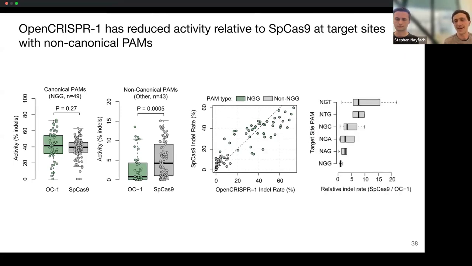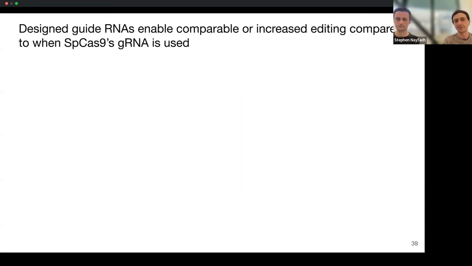What we can see, again, is that for several of these non-canonical PAMs, for which we wouldn't expect editing, and really where we don't want there to be high editing, SpCas9 has in some cases orders of magnitude higher editing. And so again, this analysis underscores the result that OpenCRISPR-1 seems to have comparable activity to SpCas9, but really markedly improved off-targets.